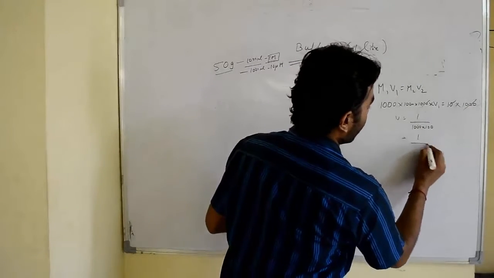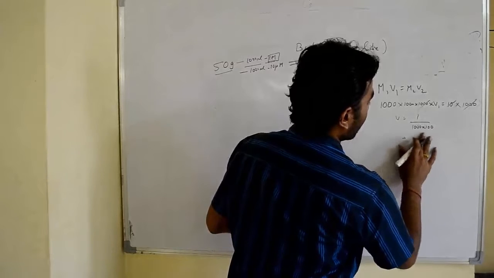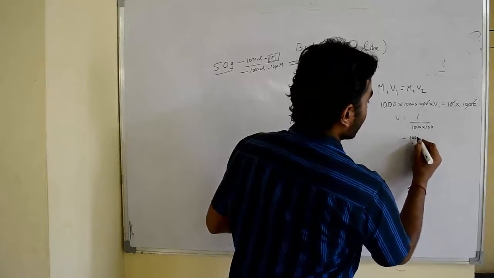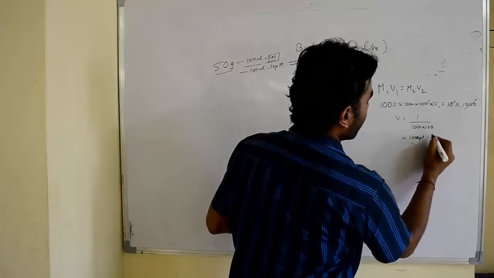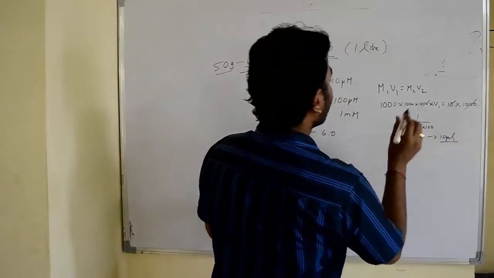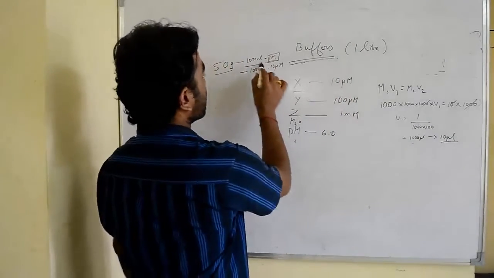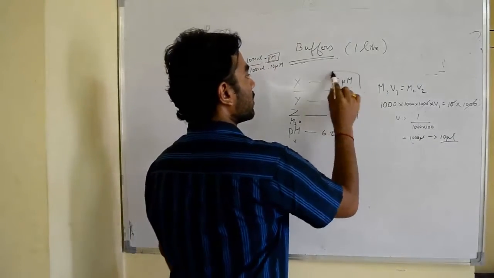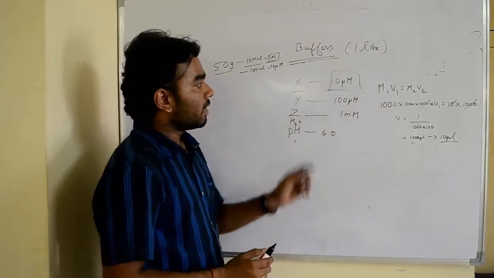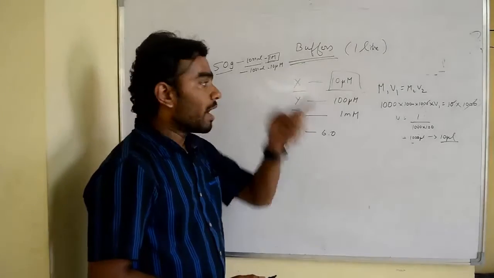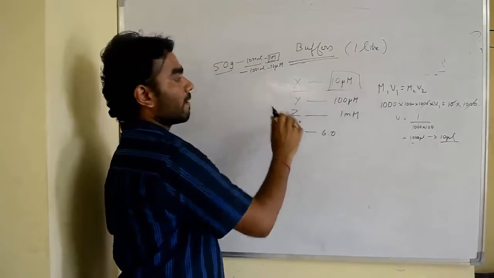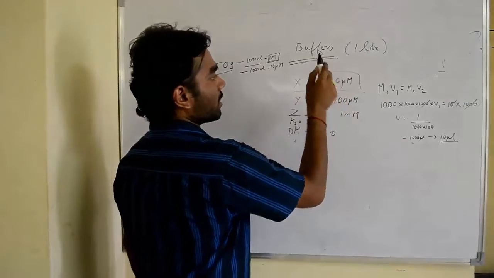So 1 by 1000 means 1000 microliter, and this 1 by 100 means 10 microliter. So you have to take 10 microliter of this stock and add it into this solution, if you are having that in a solution form. Otherwise, if you are not having this in a solution form, then you can add the quantity.